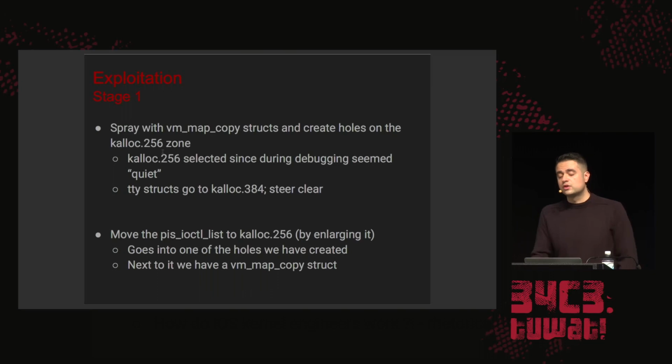That's good, because it means that you as an exploiter can have much better control over the kernel heap if there aren't other things placing allocations on the zone you work in. So I decided to use the calloc 256 zone. I avoided, of course, calloc 384 because the TTY structs were going there, and that would really mess up my heap arrangements.